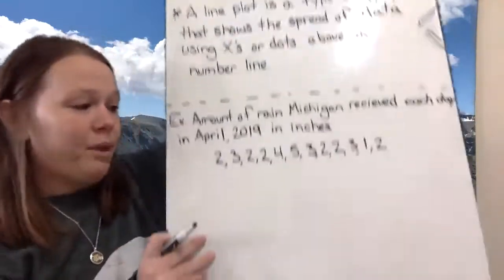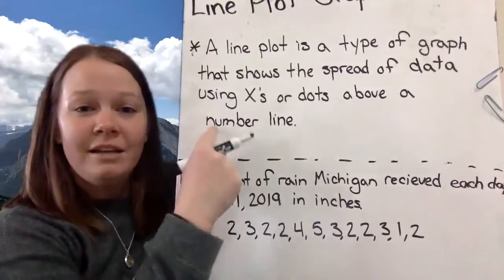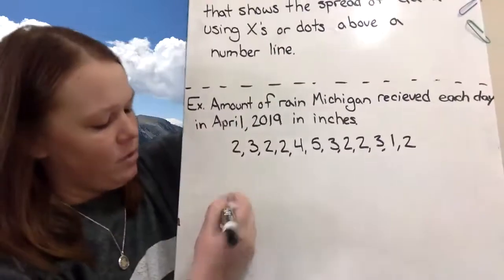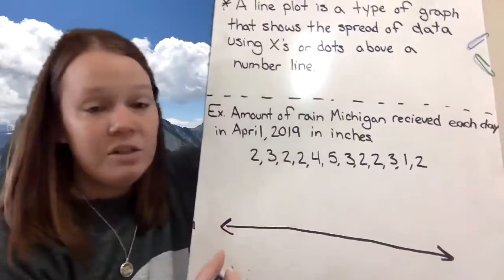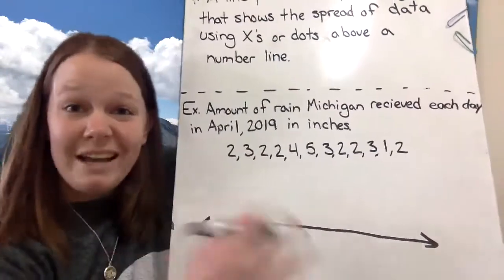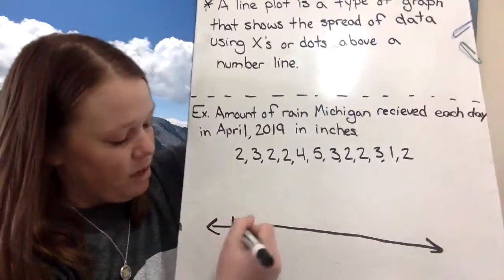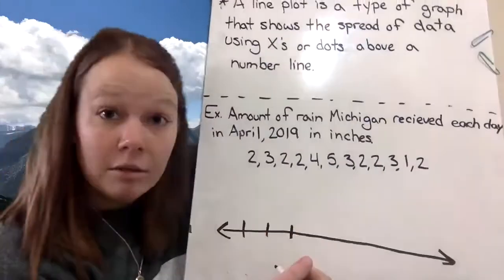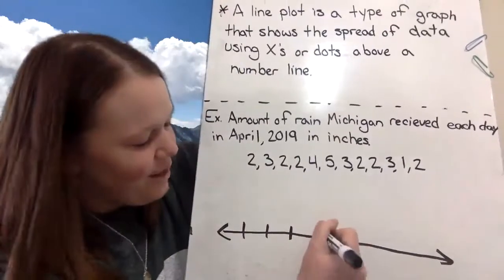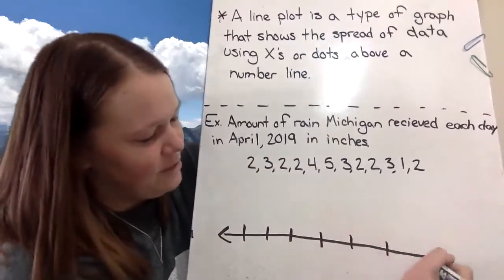To create a line plot graph, the first thing you need is a number line. We're going to create a number line down here at the bottom, just like so. On number lines, you want to keep your dashes as equal as possible. You want the distance between one line and another, just like a ruler, to be about the same going across.